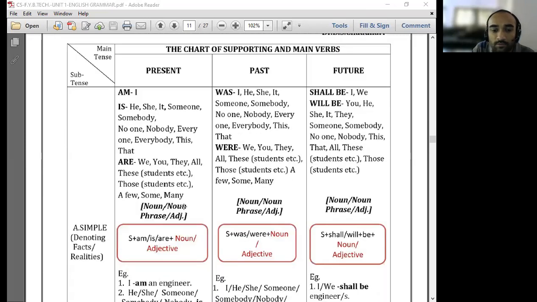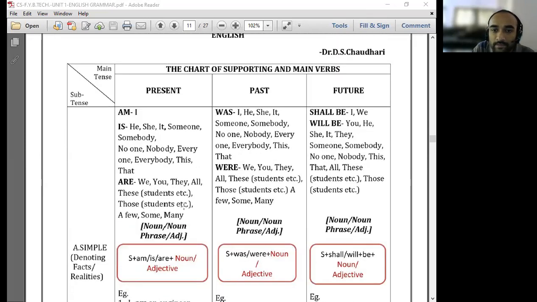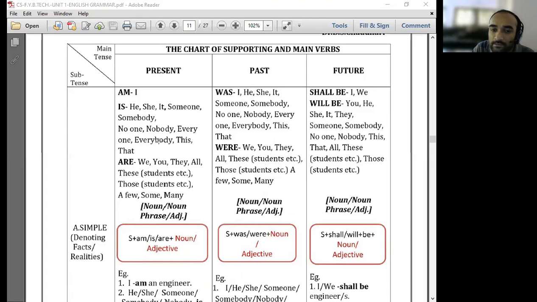So in the first we have seen am is used for I, is is used for he, she, it, someone or somebody, no one, nobody, everyone, everybody, this and that. And are is used for we, you, they, all, these, and those, a few, some, or many.